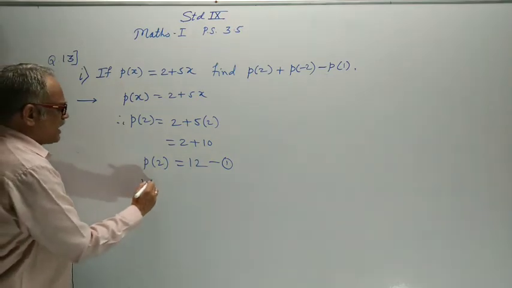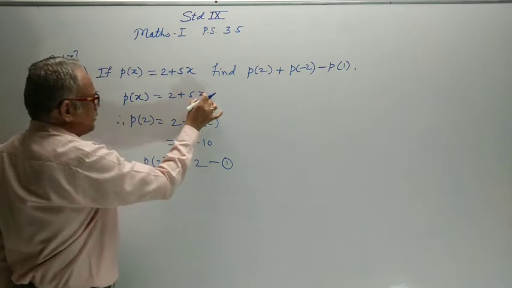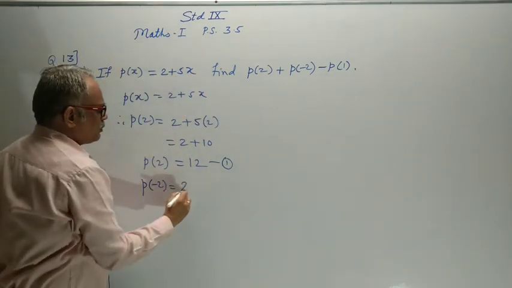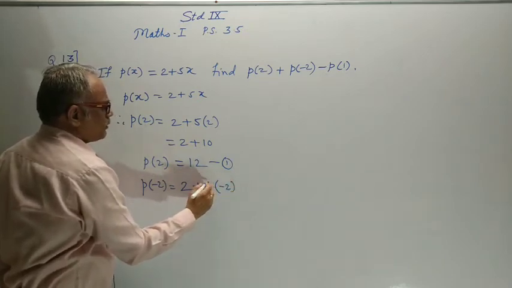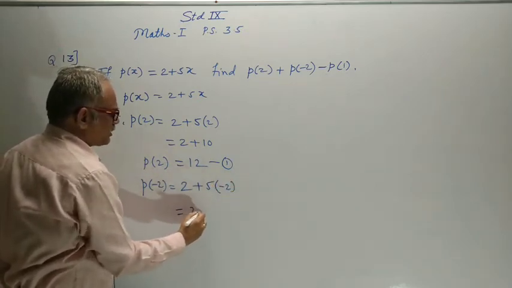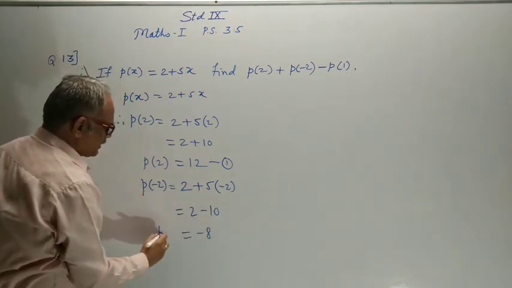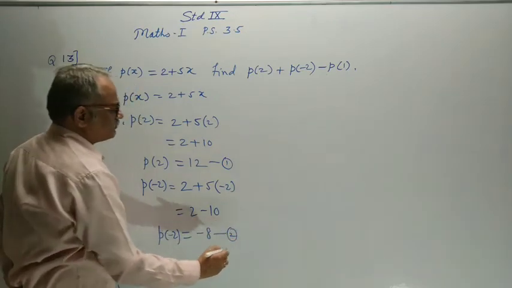Now we want P of minus 2. In place of x write minus 2: 2 plus 5 into minus 2, 2 minus 10. What is 2 minus 10? Minus 8. P of minus 2 has value minus 8.